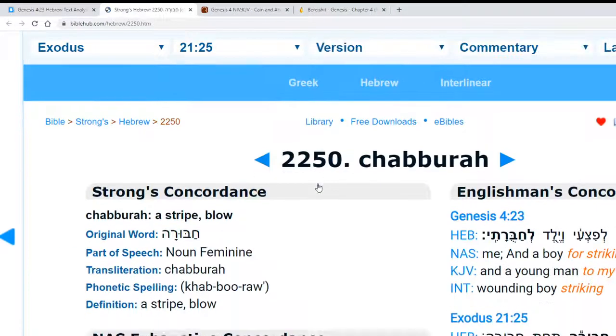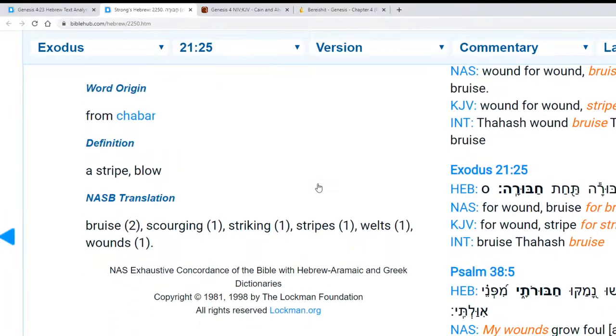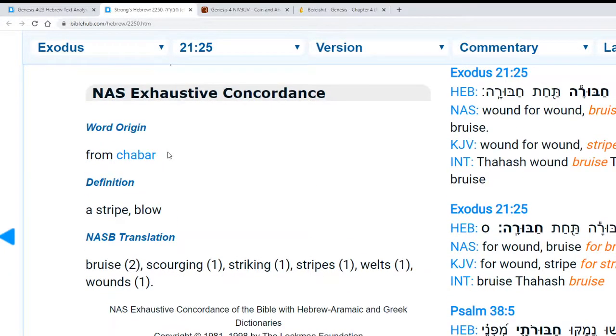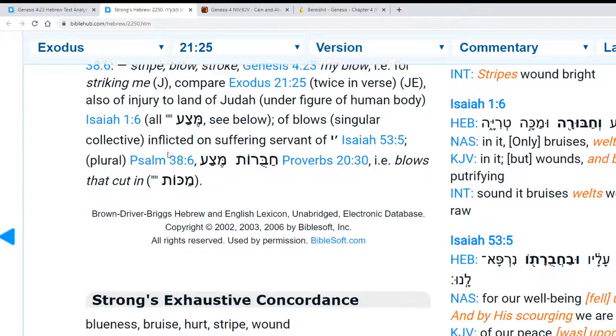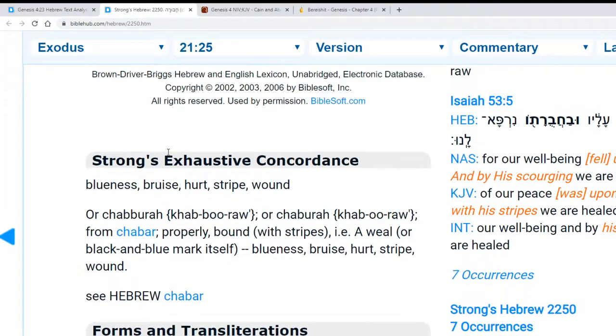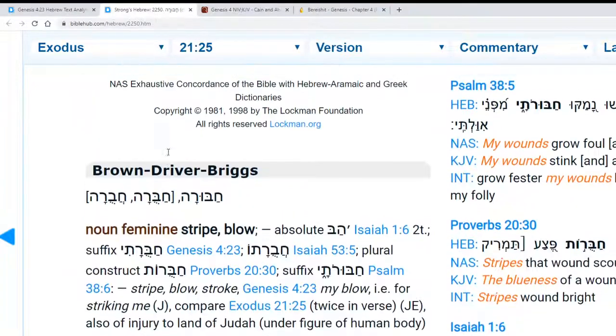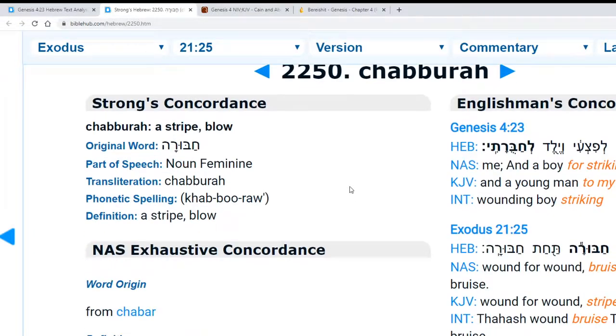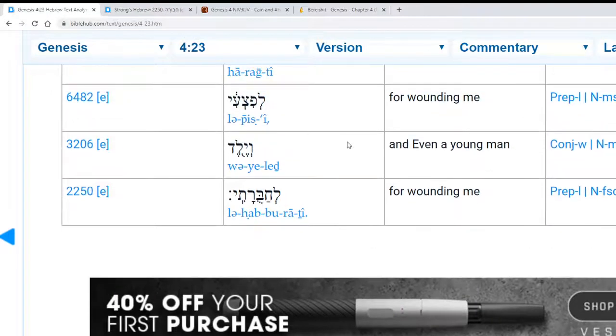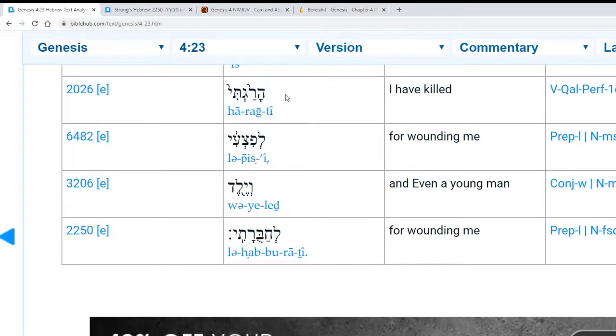Chabura, a stripe, blow. From chabar, to scourge. I guess it's only used 7 times. Yeah, chabura. Yeah. Vayeled lechaburati. Let's see how this is being translated.